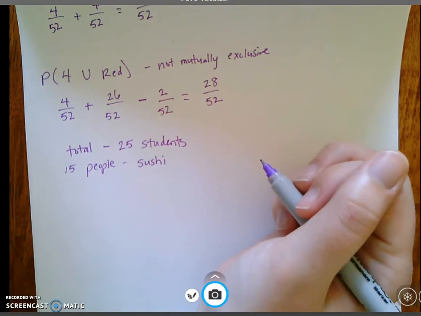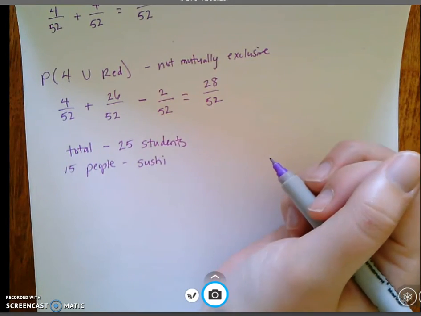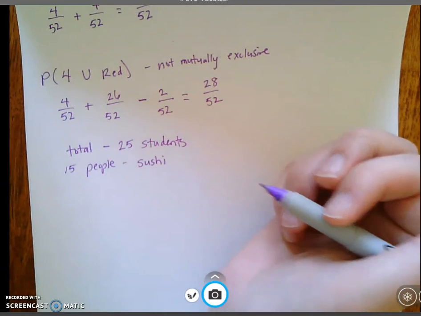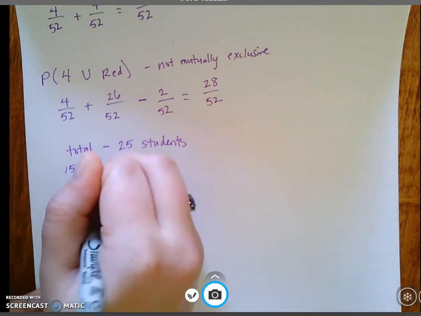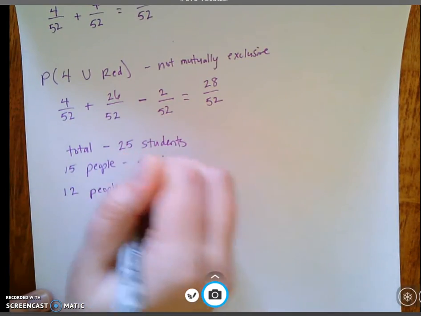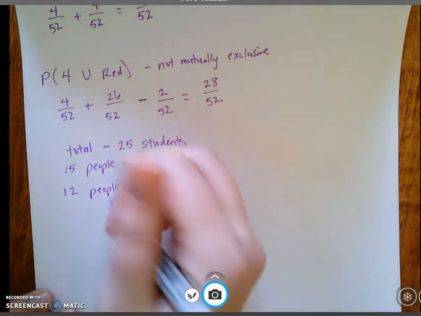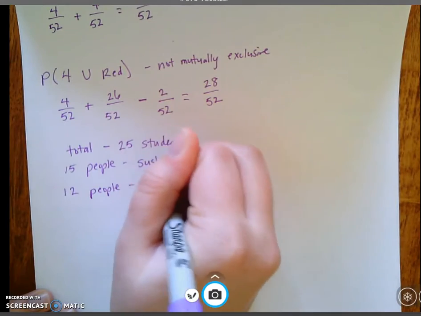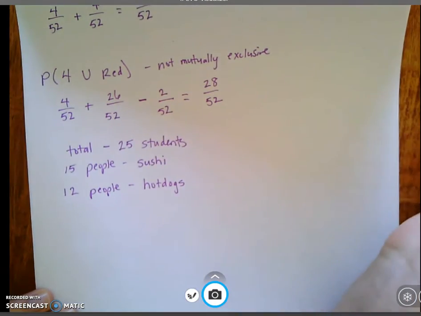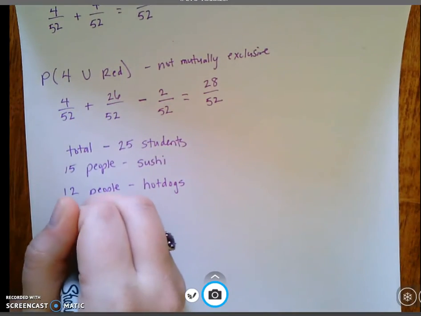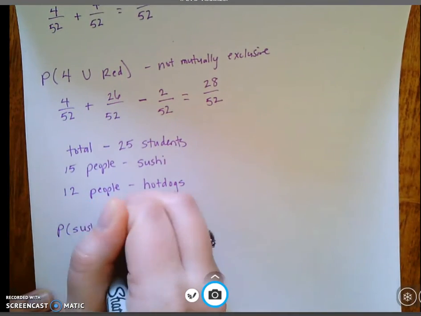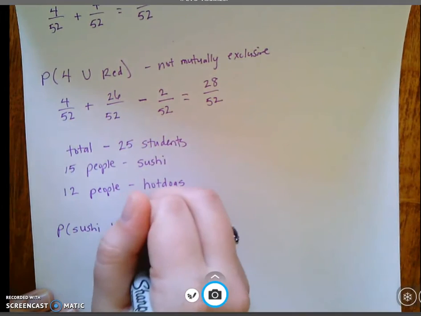Okay. 15 like sushi. I do another survey and say that 12 people like, I don't know, hot dogs. Okay. So, if I wanted to find the probability someone likes sushi, or, remember, that's the or symbol, a hot dog.